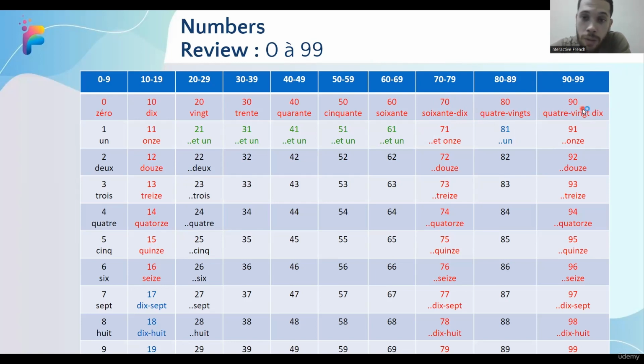Okay, so I hope this was useful. I hope you have no more doubts, no more difficulties with the pronunciation of these numbers. That's basically it for all the numbers to review.